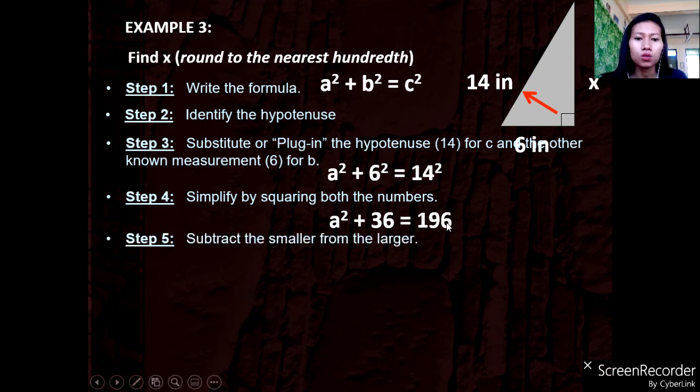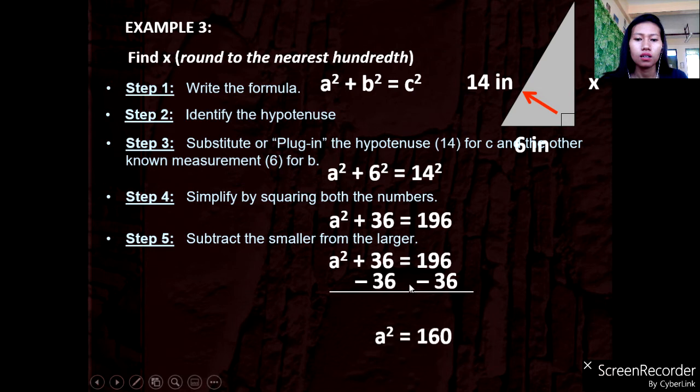So subtract natin both sides ng 36. So cancel out kasi 36 minus 36 is 0 and 196 minus 36 is 160. So ibig sabihin a square is 160.